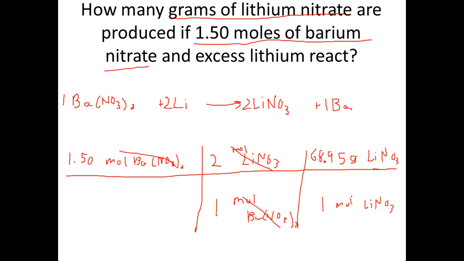That cancels out my moles of lithium nitrate. So now I'm left with grams of lithium nitrate on top, and once I go ahead and multiply the top and divide by the bottom, I get the value of 206.85 grams of lithium nitrate.